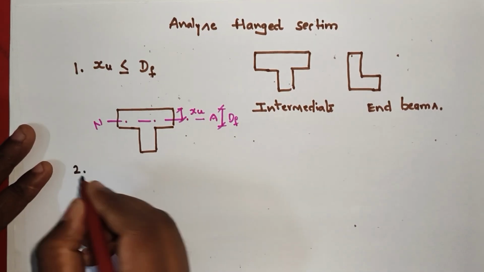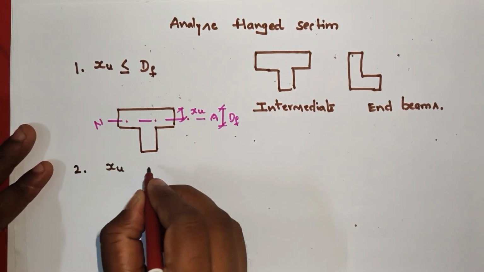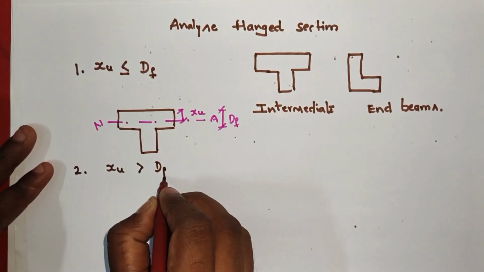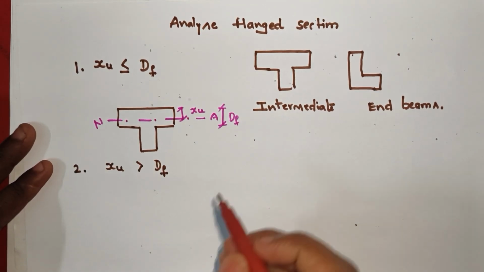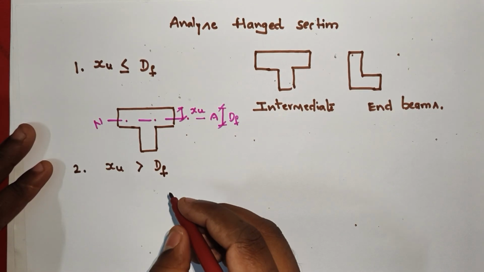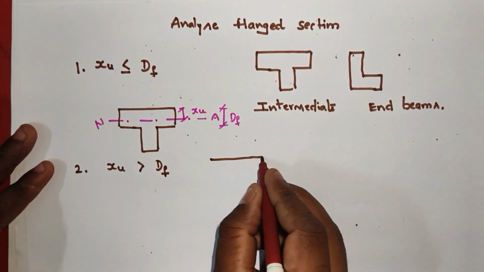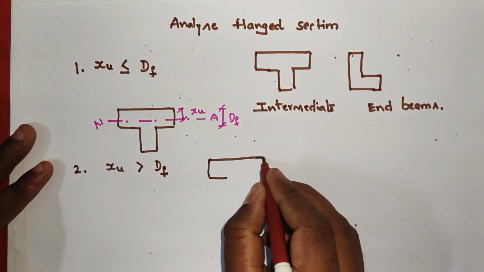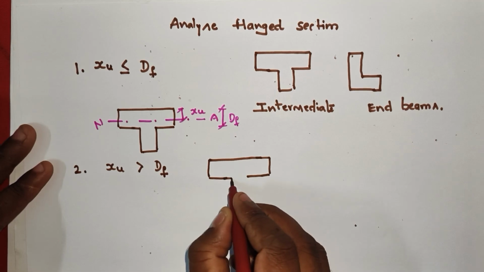Case number 2. XU greater than DF means the depth of neutral axis is outside the flange. Suppose this is our T section.